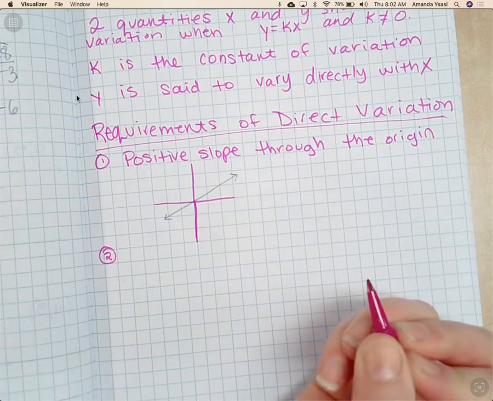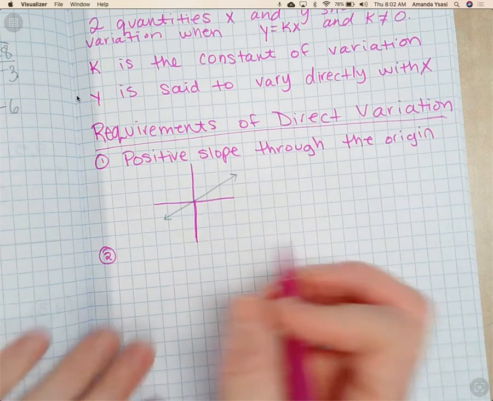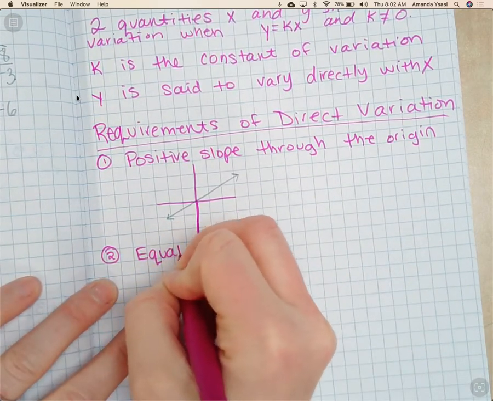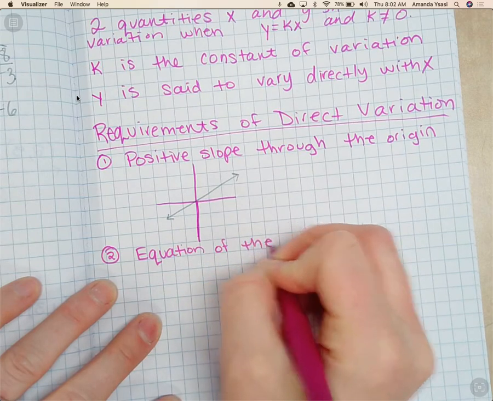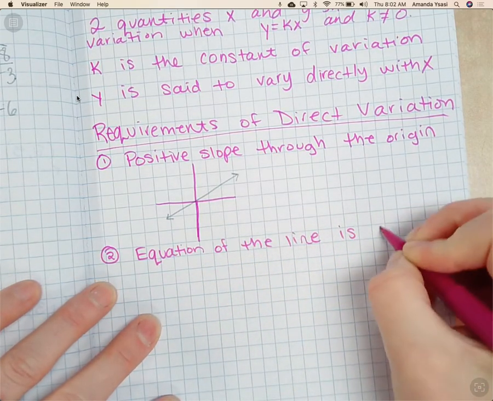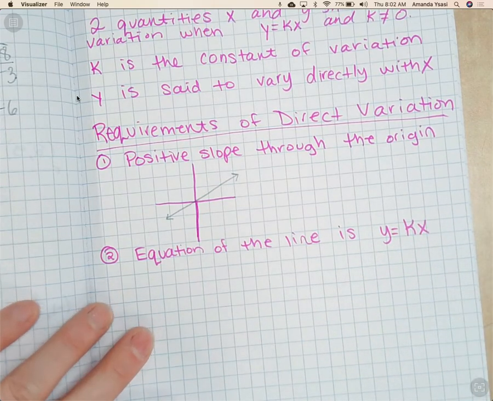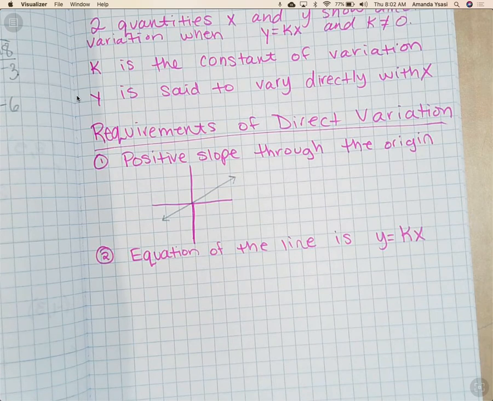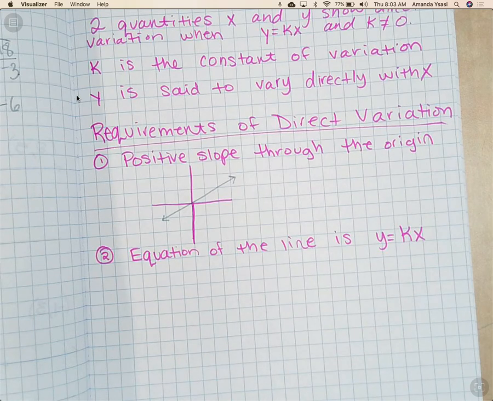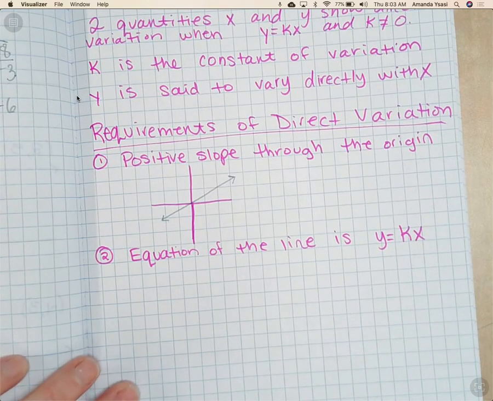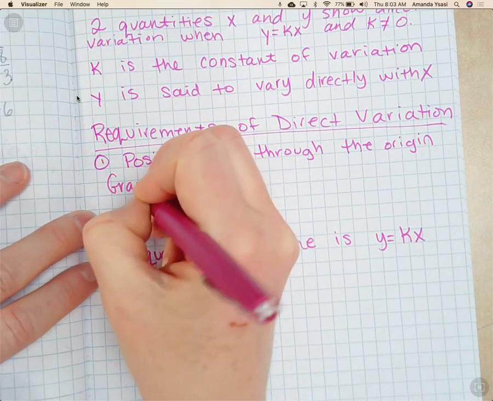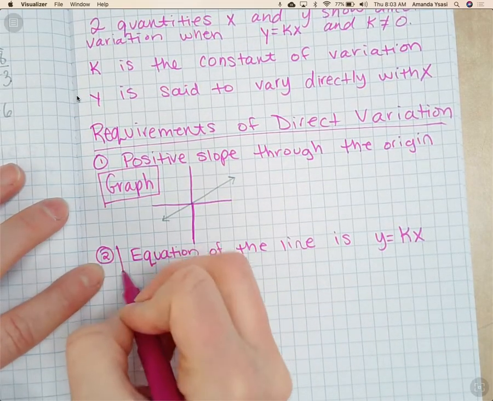Okay, the second thing is the equation of the line is y equals kx. So for a graph, we have the equation.